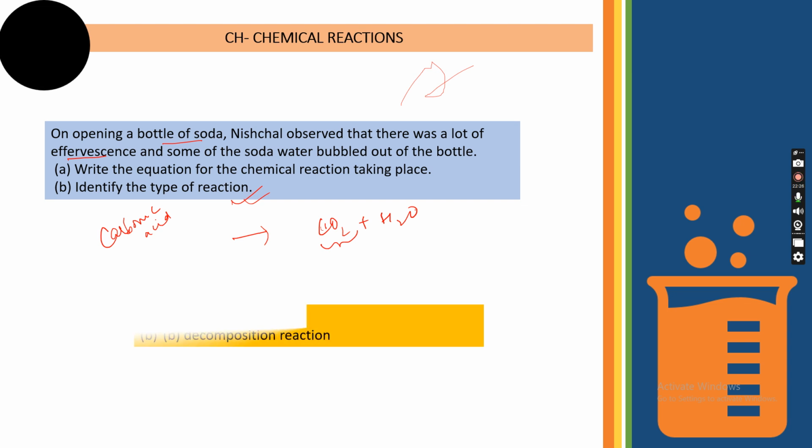The carbonic acid formula is H2CO3, and it will break down to carbon dioxide and water, right? Carbon dioxide shows the brisk effervescence, which is why you have the bubbles. The type of reaction is decomposition.